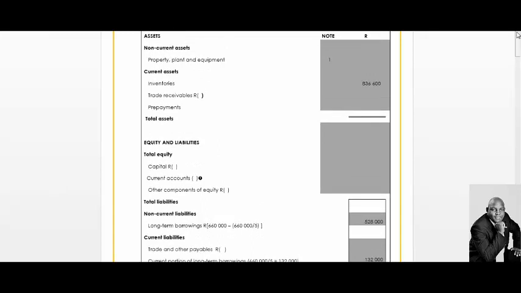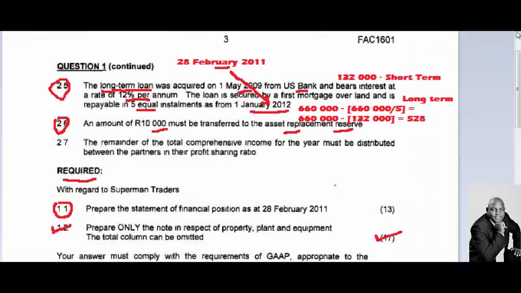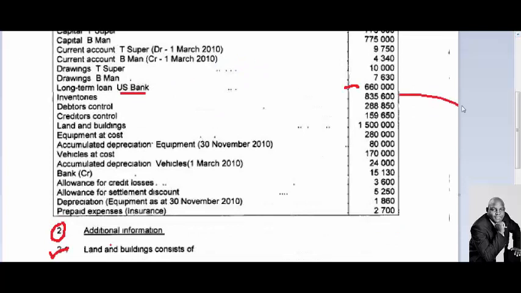Okay, so when you go to our trial balance, we need to find the current accounts. You can see there that T Super here is a debit, that means it's a negative. A debit is a negative. So T Super here is a negative 9,750.